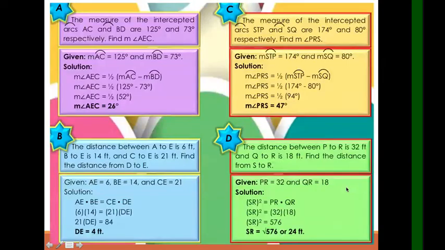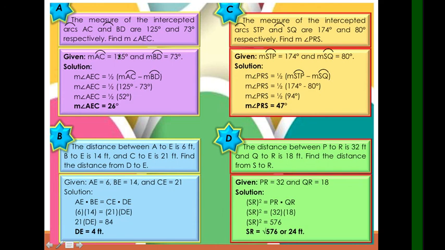Okay? Now, the measure of the intercepted arc AC and arc BD are 125 degrees and 73 degrees respectively. Find the measure of angle AEC.